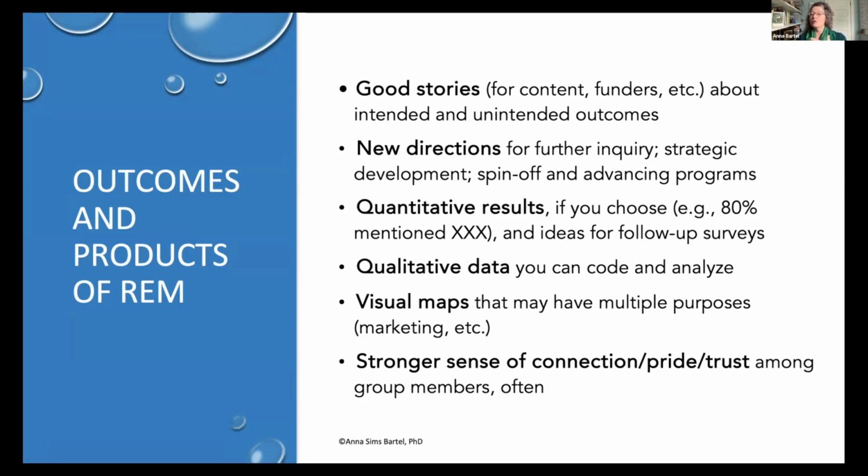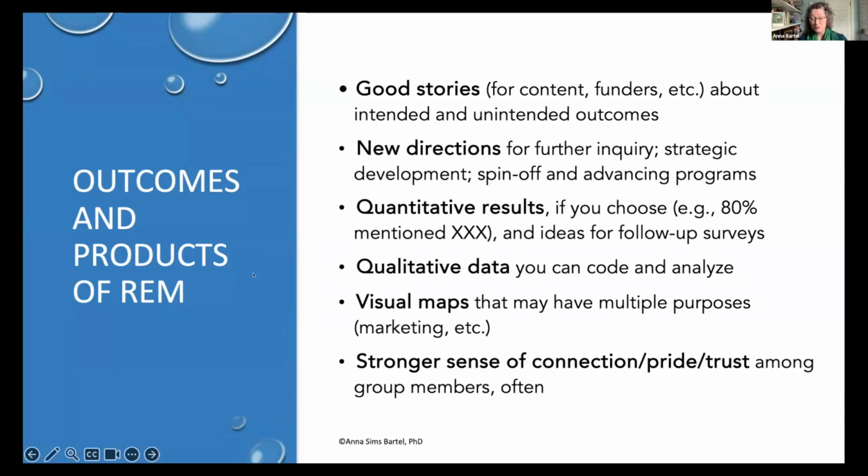You also get, of course, very rich qualitative data that you can code and analyze. When REM was first created, they were using the 8 community capitals framework to code what they were learning. Some people will use program descriptions. These are the purposes of our programs, and so now we can code all responses accordingly. Many different ways to go at that.